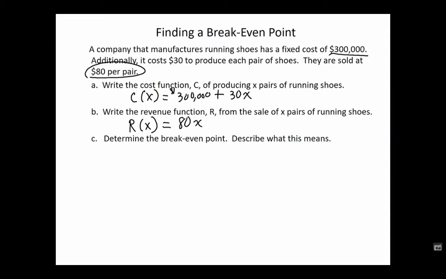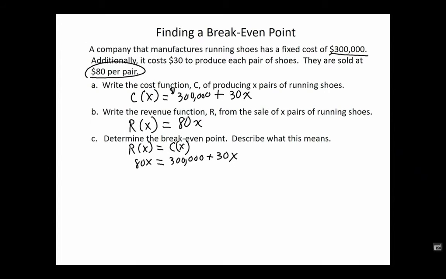Okay, part C. Determine the break-even point and describe what it means. You recall that the break-even point is when the revenue is equal to the cost. So I want to equate the two functions. The revenue is 80X, and the cost is 300,000 plus 30X.